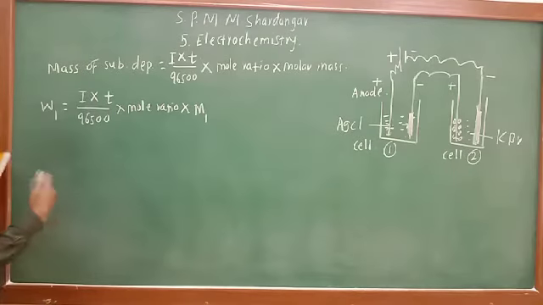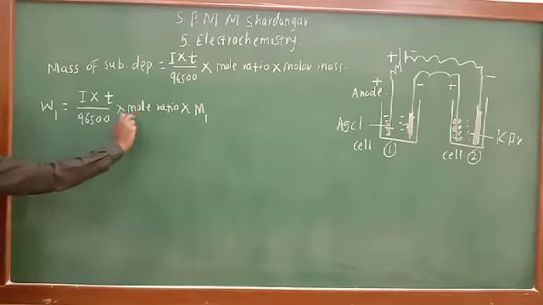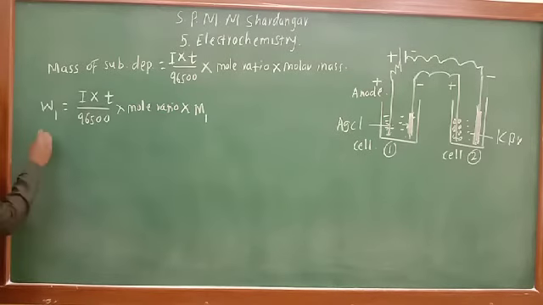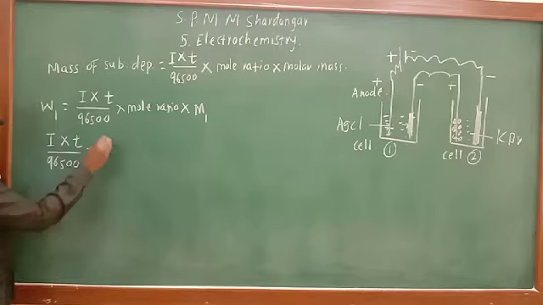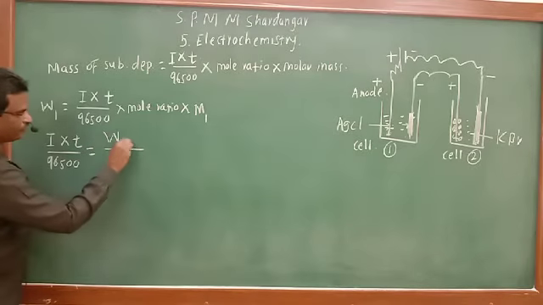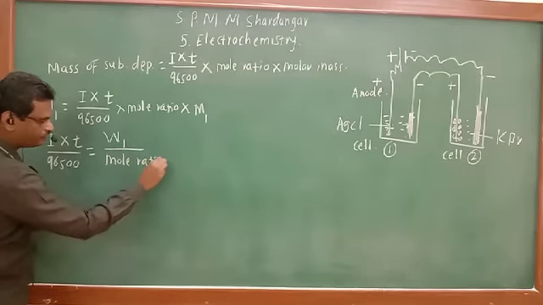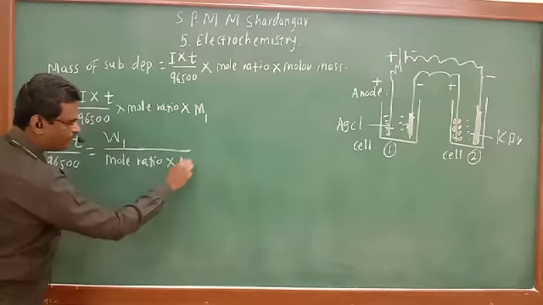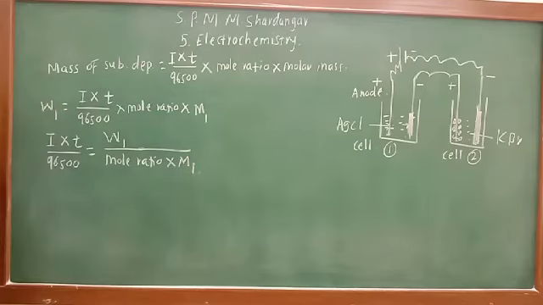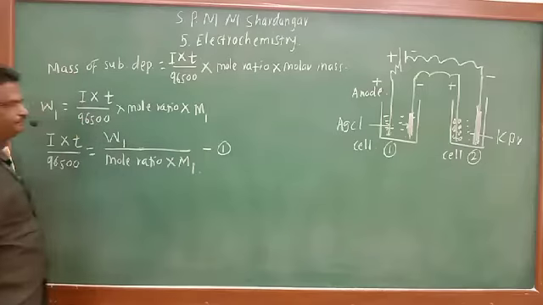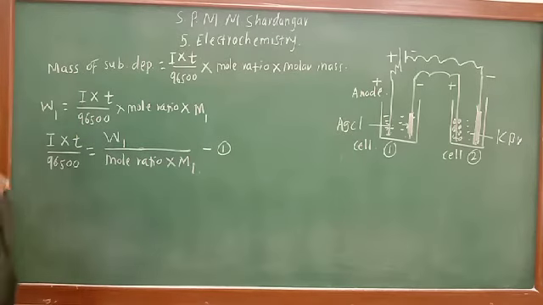If we arrange the equation, on the left side we will write I into T divided by 96,500, which will be equal to W1 divided by mole ratio multiplied by M1. Now let us consider this as equation number 1. You got it? See it carefully.